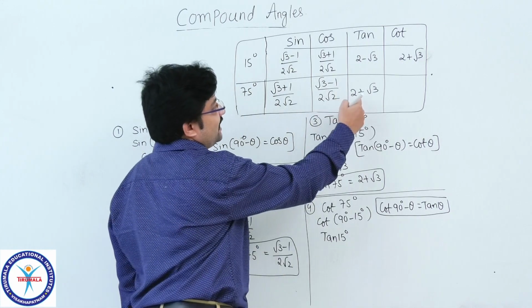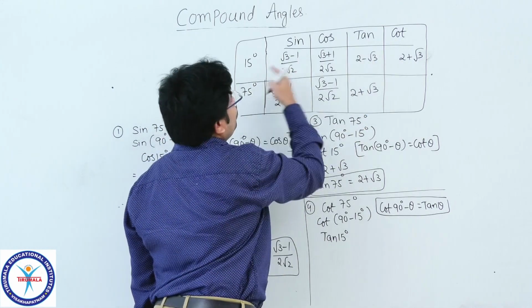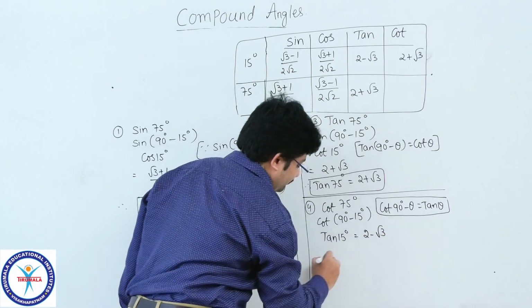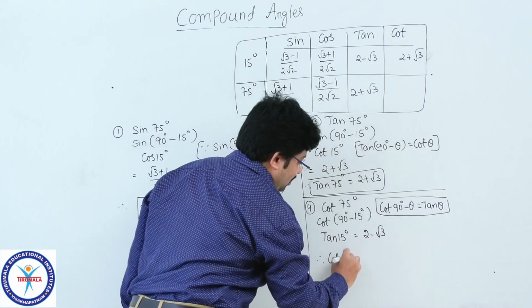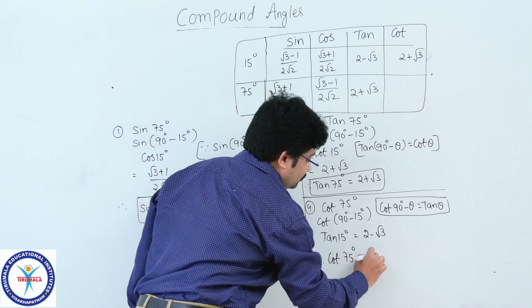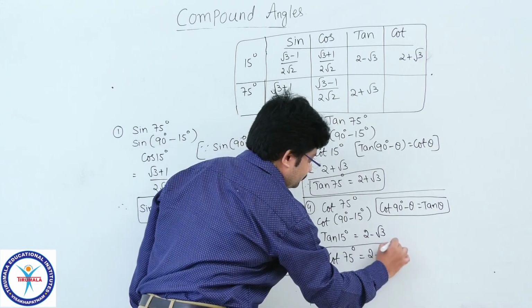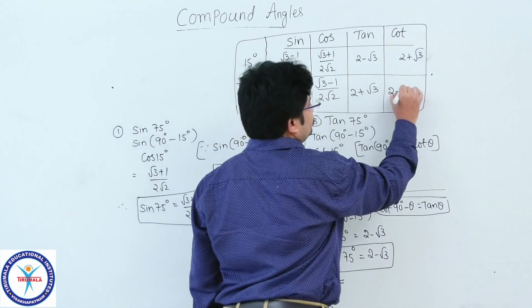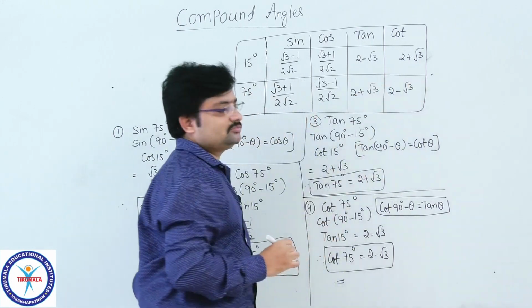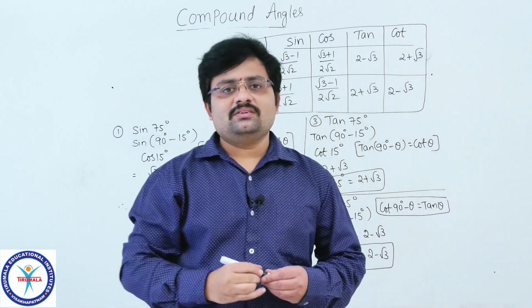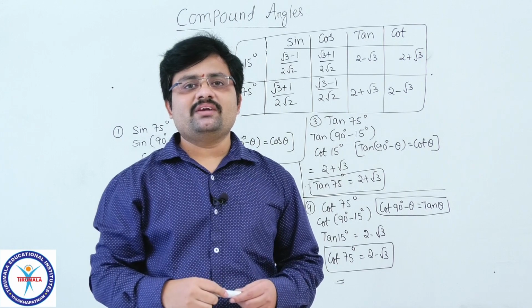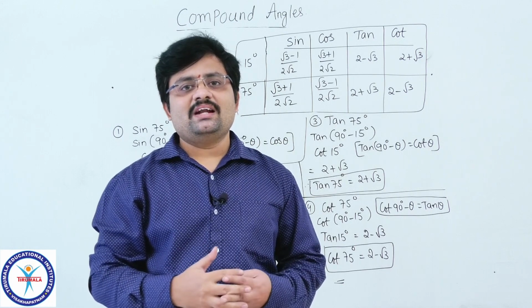Tan 15 degrees value is 2 minus root 3. Therefore, cot 75 degrees is equal to 2 minus root 3. Let us write this value in the table. 2 minus root 3. So, in this session, we have learned about the compound angles and some of the important formulas and how they are derived.